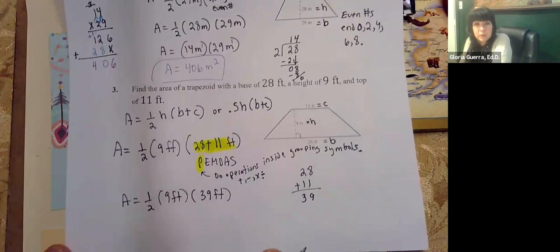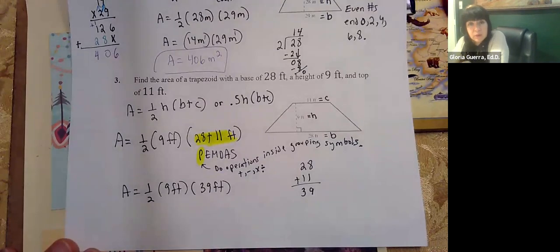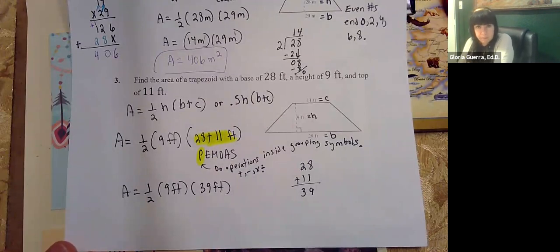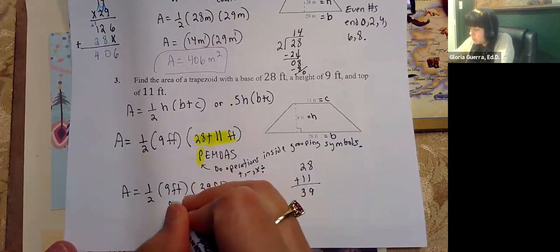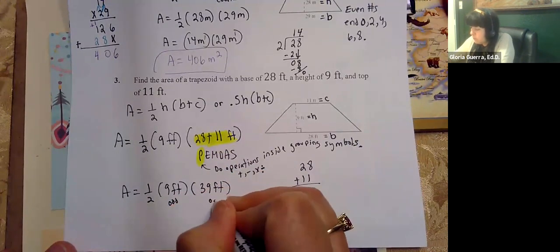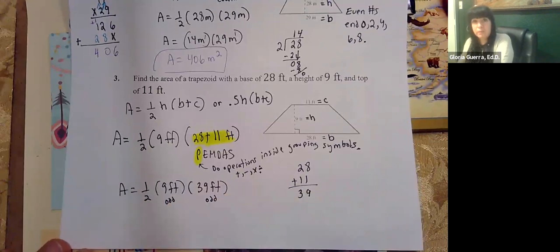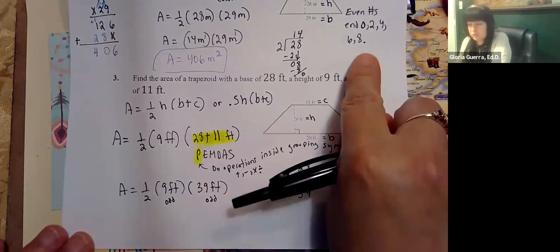Okay, so now I'm noticing that I was hoping an even number would pop up with this calculation, but I see that this is 39 and this is 9, which are both odd numbers. They're not even. If they're even, remember they have to end in a 0, 2, 4, 6, or 8.